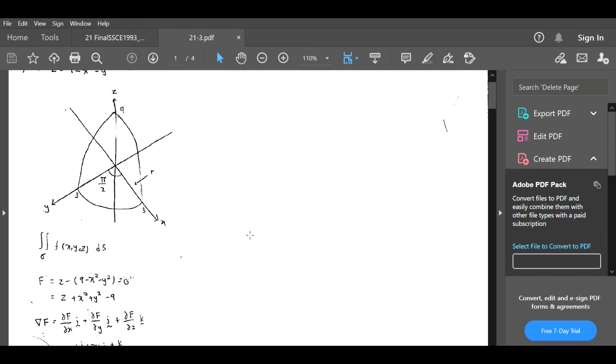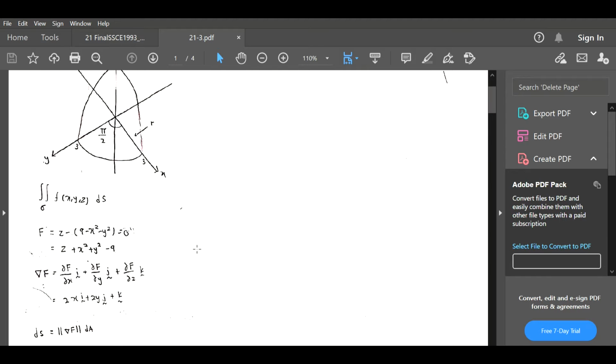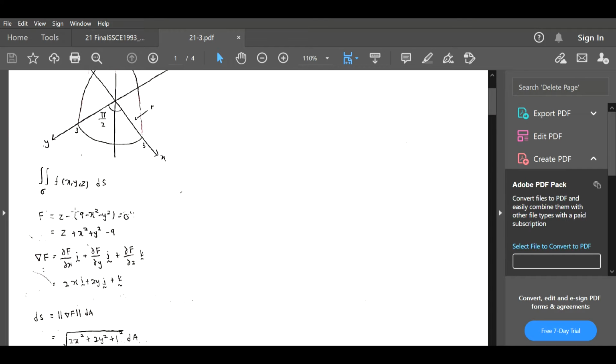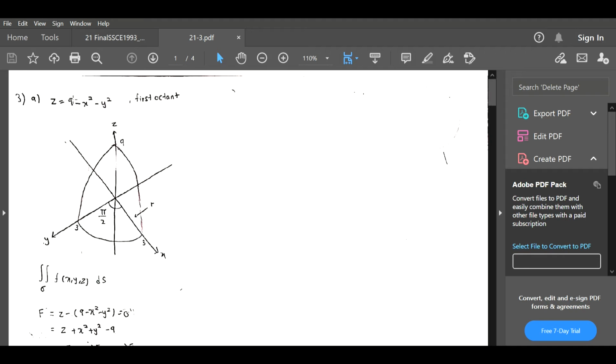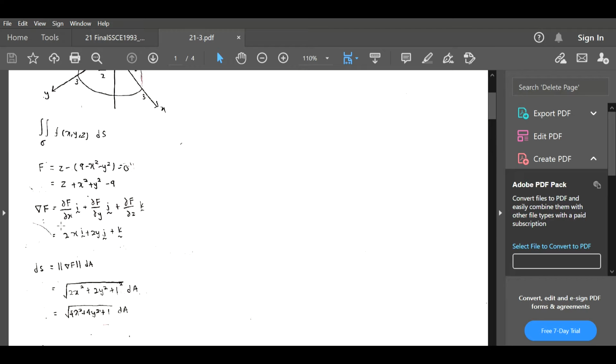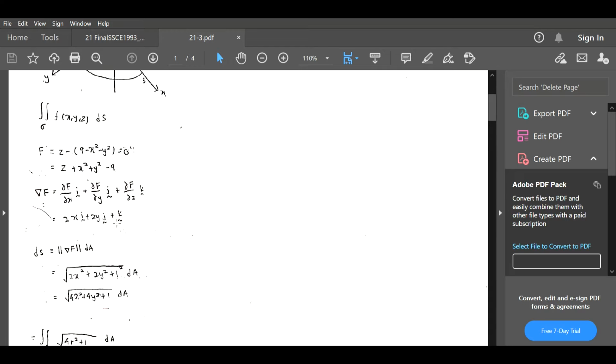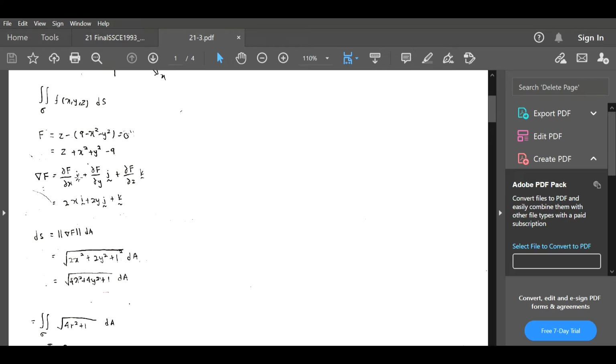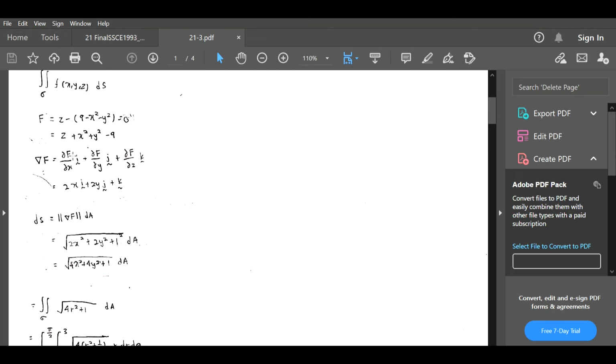Okay. So first, we need to find f. This is z minus the equation in z. Substitute, and this is what I get. And then we need to find the gradient of f. We need to differentiate one by one in i, j, and k.